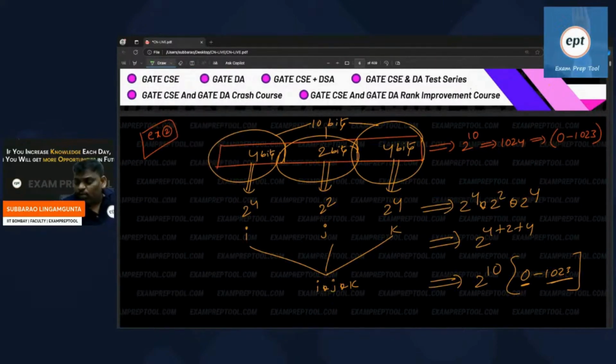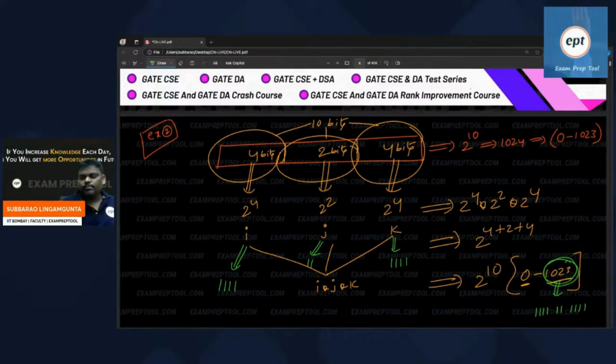Sir, can you give the binary number for this? Listen, if you want the maximum number, in the 4 bits take maximum, 4 ones. In 2 bits maximum, 2 ones. In 4 bits maximum, 4 ones. So 4 ones from the leftmost, 4 ones from the rightmost, and the middle is 2 ones.